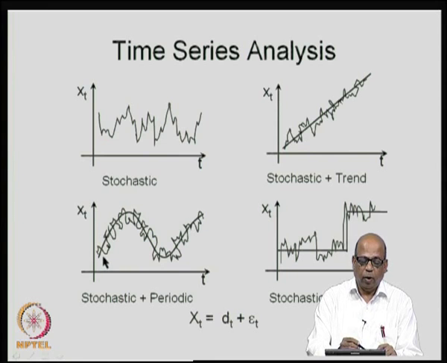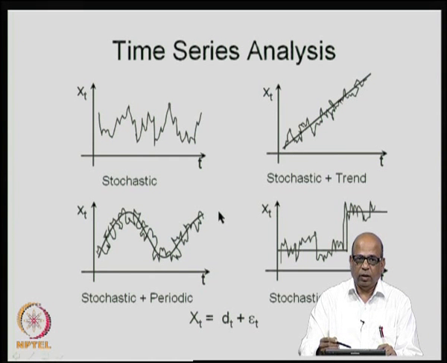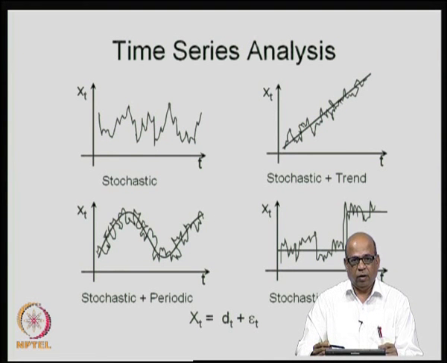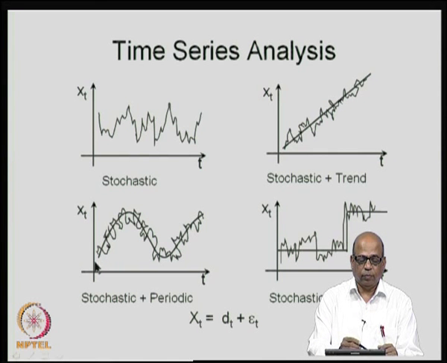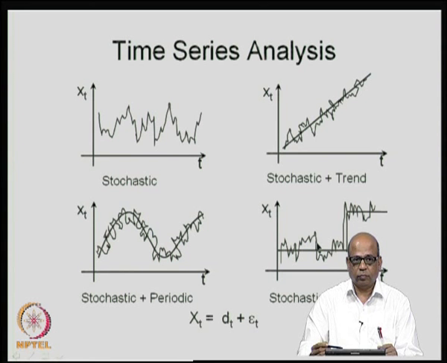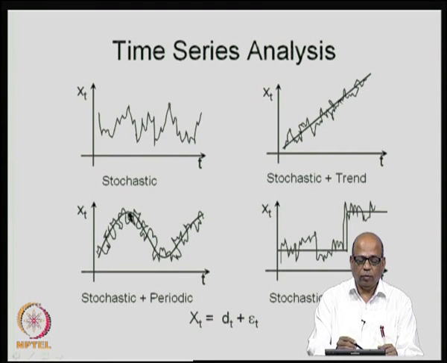You may also have periodic processes. For example, you look at the monthly stream flows in typical monsoon climates like ours, you may have a periodicity associated with them. So, there is a periodic process and around which the values are fluctuating randomly.